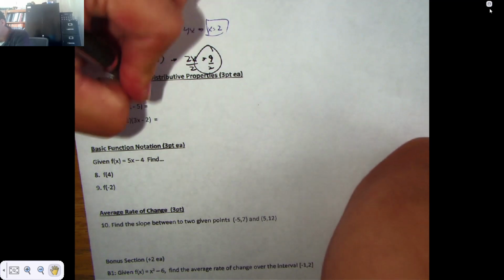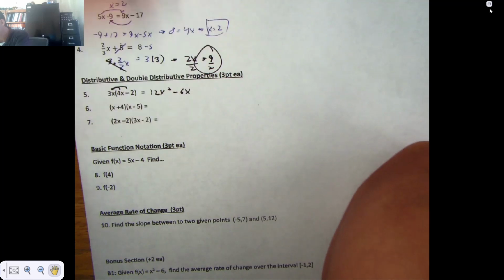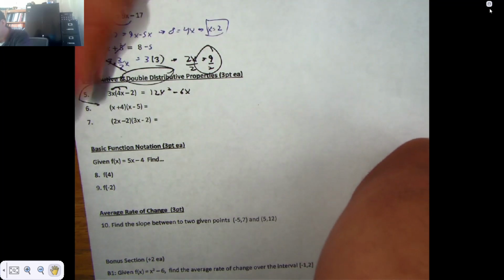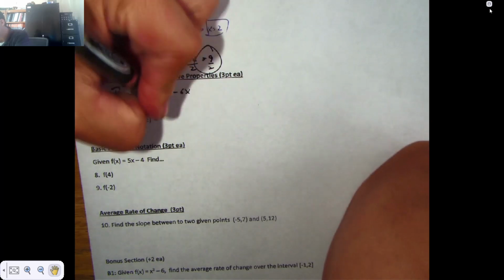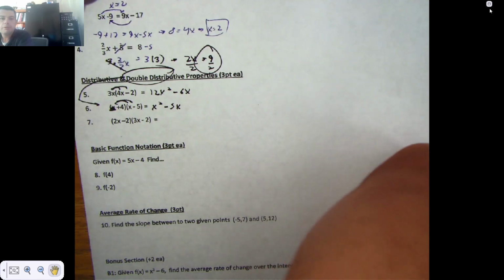This is called the distributive property. 3x times 4x is 12x to the second. 3x times -2 is minus 6x. This would be the double distributive property. X times x is x to the second. X times a -5 is minus 5x. And I'm done with that x. I distribute it to both terms in the second set.